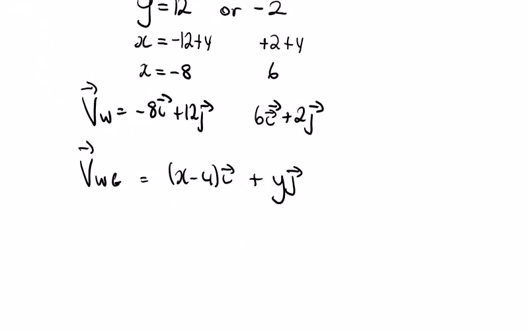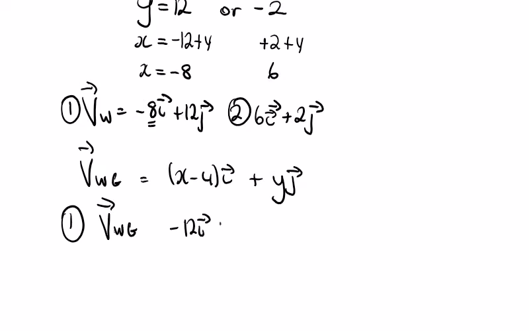Okay, so we have two velocity of winds. Number one, the velocity of the wind relative to the girl. We call this first solution and second solution. So we have our x minus 8 and take away another 4, we're going to get minus 12i plus 12j.